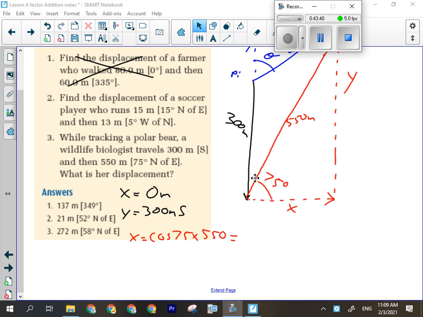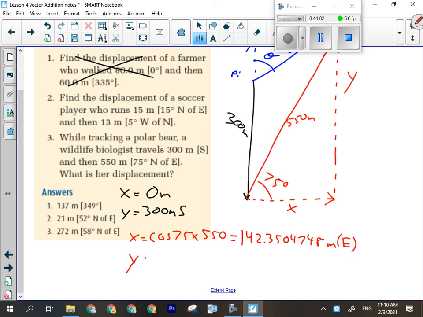I'm going to have to enter it manually again here. So cos of 75 times 550 is 142.3504748 meters, and that is east.